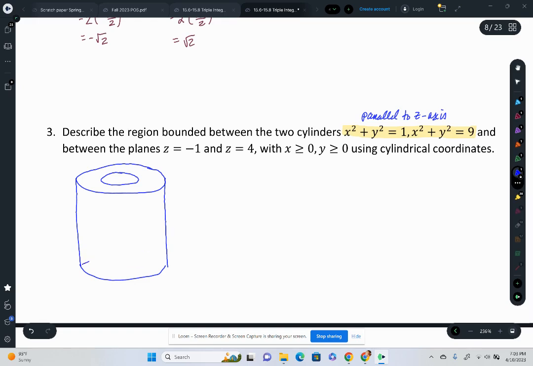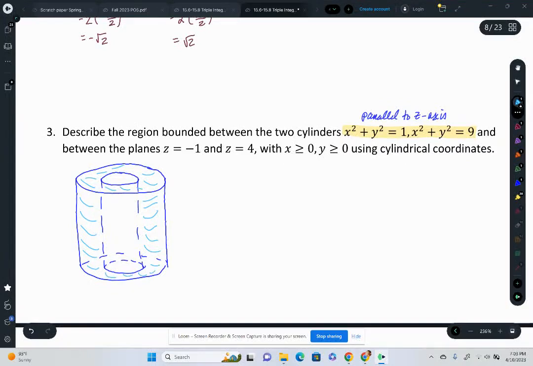Oops, that should be dashed. Okay, so we have the region that's bounded between the two cylinders. That's going to be this region outside the smaller cylinder and inside the bigger cylinder. Okay?